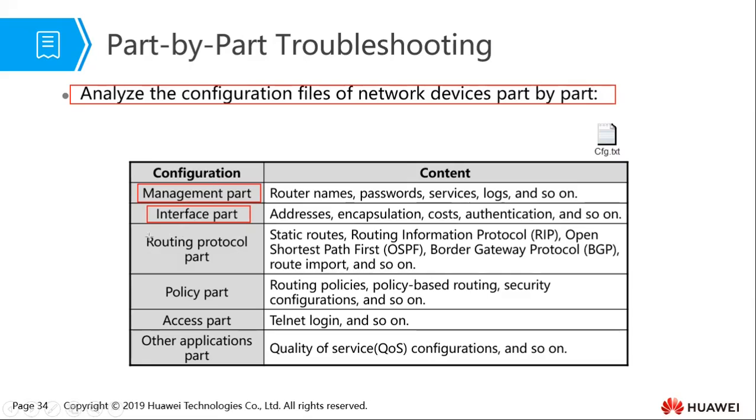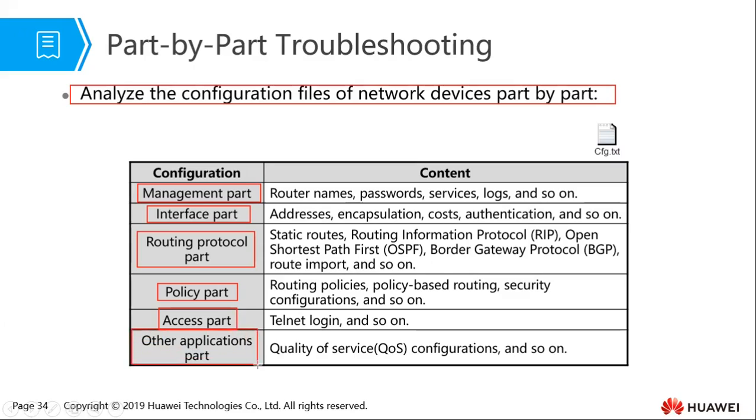After doing that, you can also go to the routing protocol. On the protocol, you can check a number of protocol configurations and whether they are working correctly. Then on the policy part, you can check the routing policies, PBR, and any security configurations to find out if they're okay. Then at the access part, you're checking whether you are able, for example, to telnet or SSH connect remotely to that particular device.